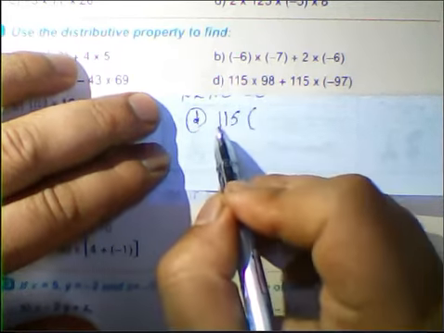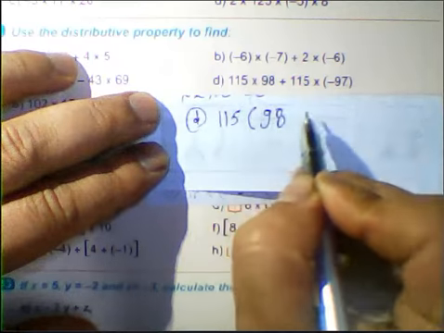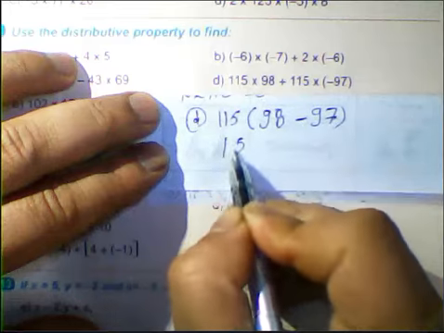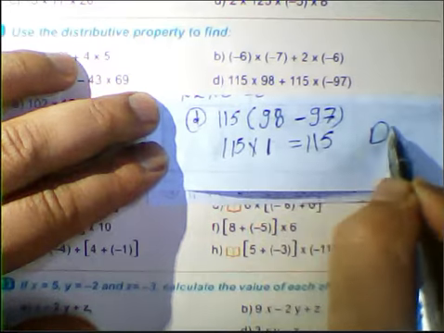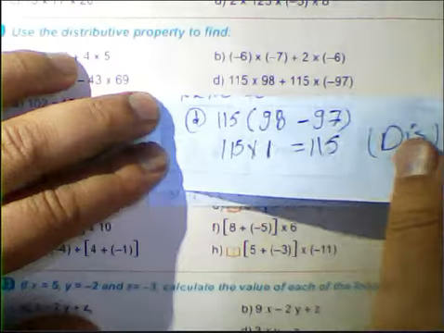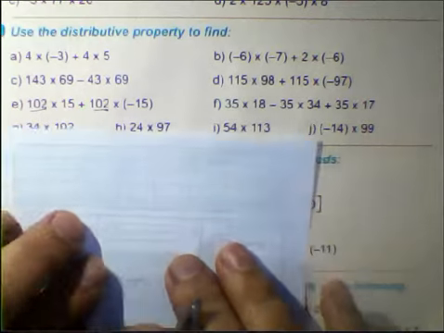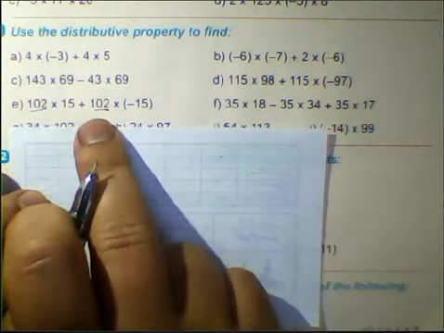We can write 115 out, parentheses, and inside we can write 98 and negative 97. 115 multiplied by 1 equals 115. Distributive property. Letter E, we solve it.